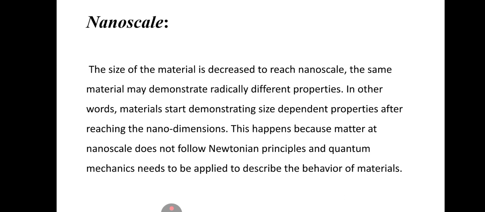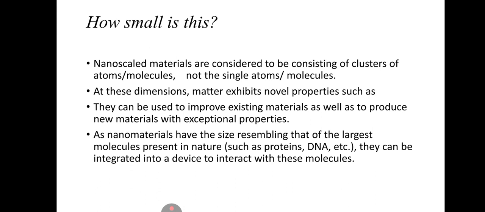This happens because matter at nanoscale does not follow Newtonian principles and quantum mechanics needs to be applied. How small is it? Nanoscale materials are considered to consist of clusters of atoms and molecules, not single atoms and molecules.